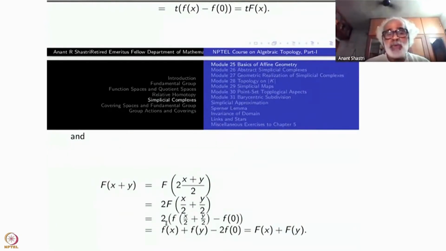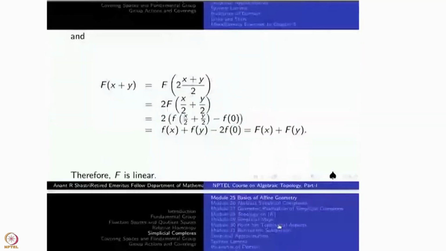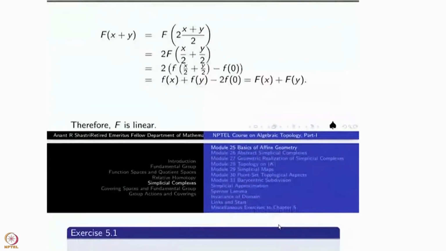So that is equal to twice (f of x by 2 plus y by 2 minus f0), which is, now you can expand this one, fx plus fy, okay, 2 will come here, minus twice f0. So fx minus f0 plus fy minus f0, which is capital Fx plus capital Fy. Therefore, F is linear. Capital F is linear. Little f is an affine transformation.